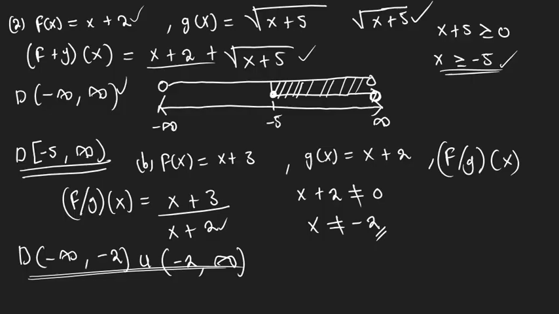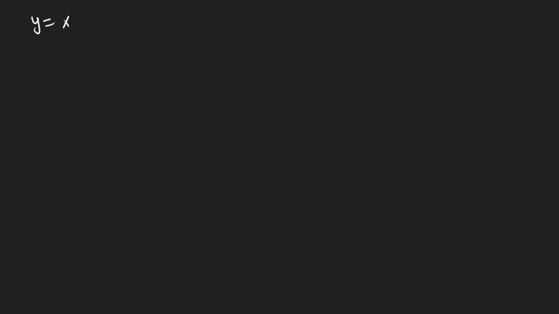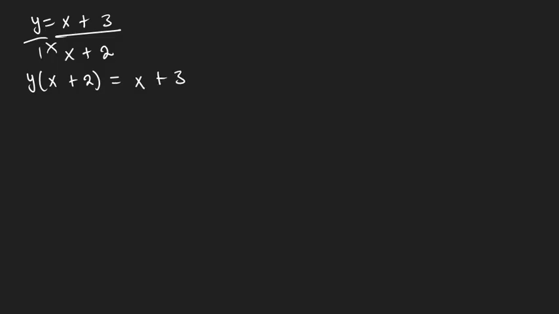So y equals x plus 3 over x plus 2. I'll cross multiply and get y times (x plus 2) equal to x plus 3. So this is going to be yx plus 2y equal to x plus 3.